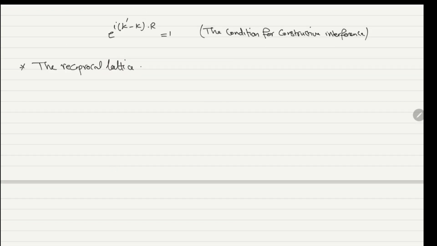In order to find the solution for this equation, e to the i (k prime minus k) dot R equals 1, we define the difference k prime minus k as G, in such a way that e to the i G dot R equals 1, or in this case G dot R equals 2 pi n. n in this case is an integer.